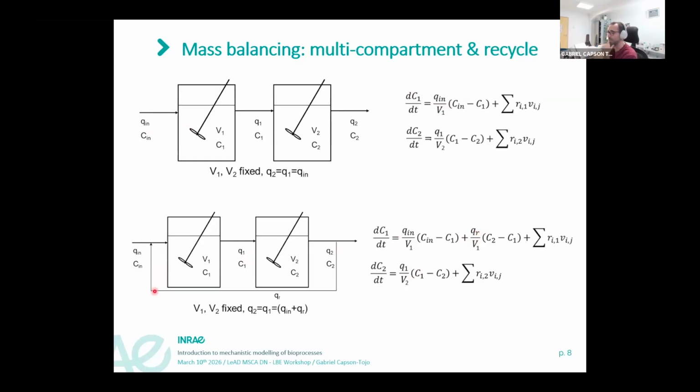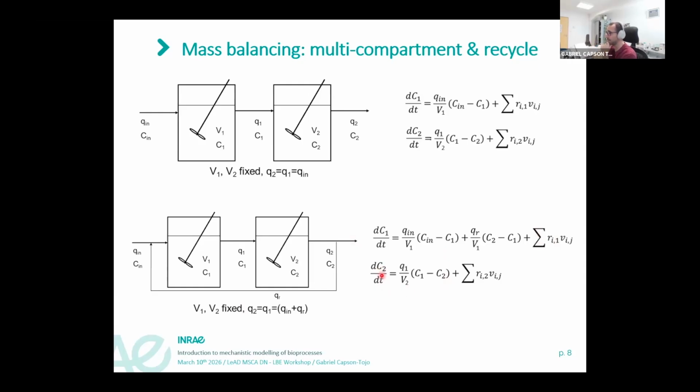So QR divided again by the volume. And in this case, of course, the concentration is different. It's not C in, it's C2, which is the concentration that you have in this flow rate here. So this is everything you need to consider when you have a recirculation.